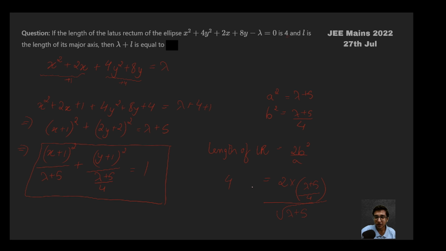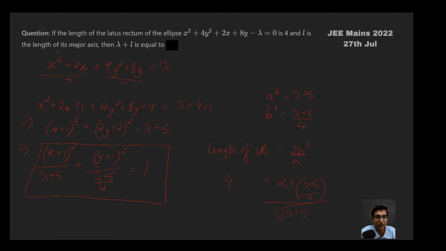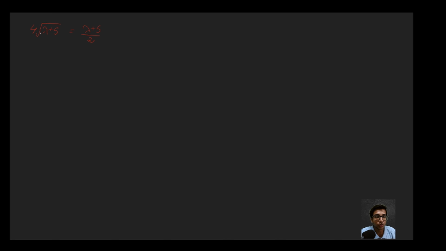Now let us solve this equation and find the value of lambda. From here we would get 4 times root of lambda plus 5 is equal to lambda plus 5 by 2. Let us take this 2 to the other side and square both sides.